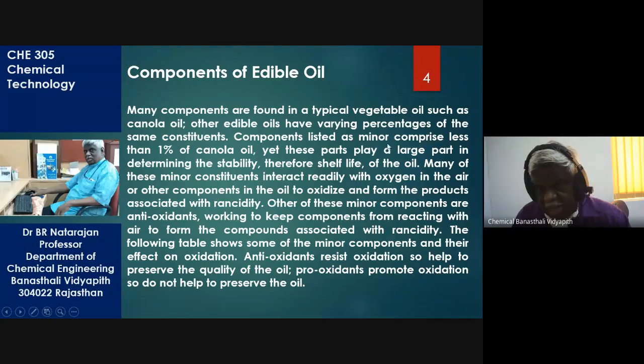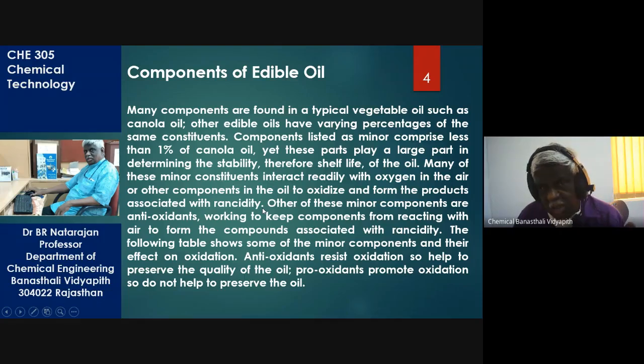Components listed as minor comprise less than 1% of canola oil, yet these parts play a very large part in determining the stability, therefore shelf life, of the oil. So there are some which are just about 1% of the total oil, but they play a significant role in determining the behavior and properties of the oil. Many of these minor constituents interact readily with oxygen in the air or other components in the oil to oxidize and form the products associated with rancidity.